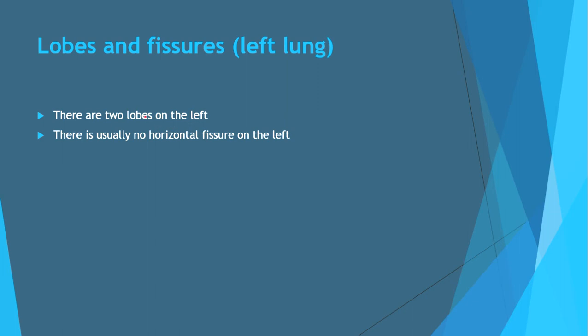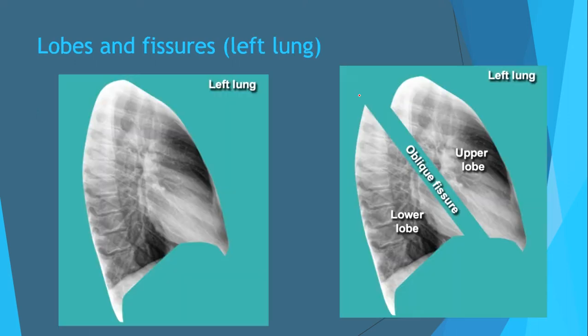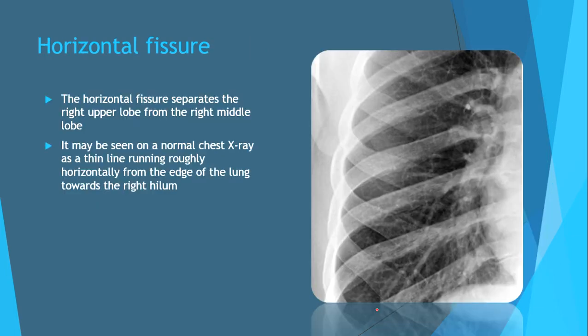You must remember 2 lobes on the left and 3 lobes on the right. This is the left lung, upper lobe and lower lobe, divided by 1 oblique fissure.